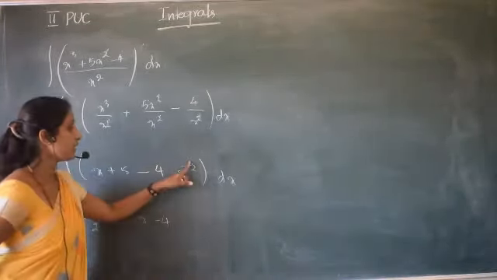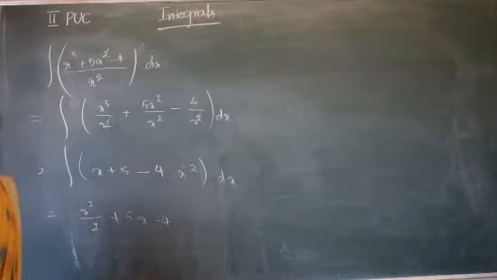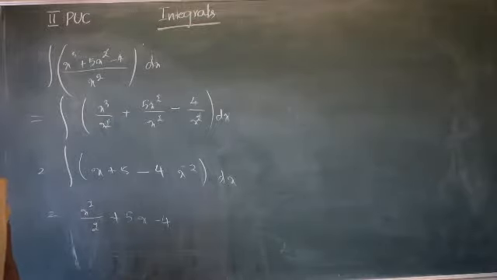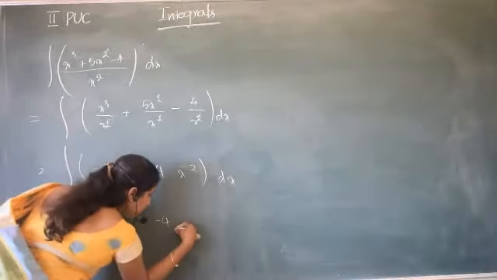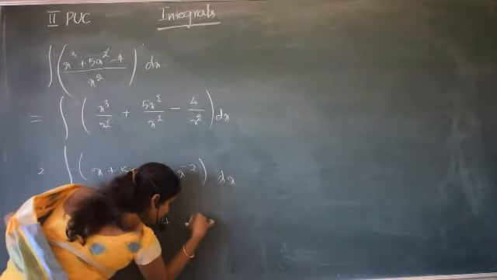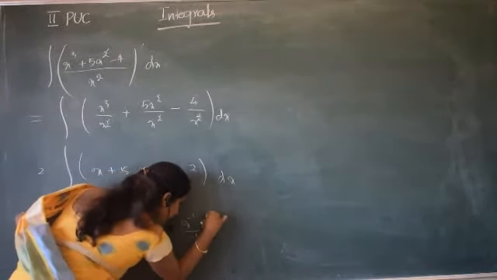Then now it is x to the power minus 2. X to the power minus 2 gives x to the power minus 2 plus 1 divided by minus 2 plus 1, so x to the power minus 1 divided by minus 1.